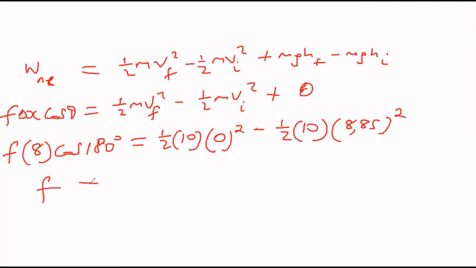Then we make F the subject of the formula by dividing by 8 cos 180 on both sides, which gives 48,95 newtons. That is friction.